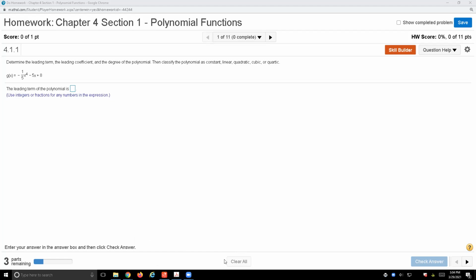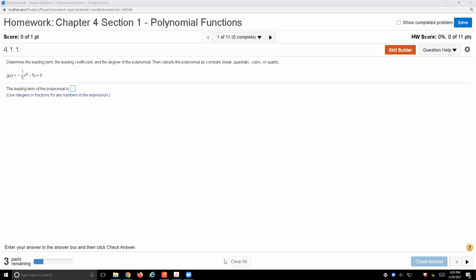Ooh, that's a new question. Okay. So we know the degree is even, so both ends point the same direction. Do they point up or down? Probably down, since the coefficient is negative. We know the graph will look something like this.